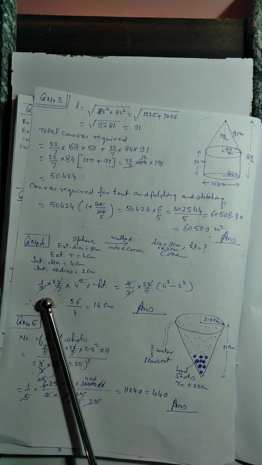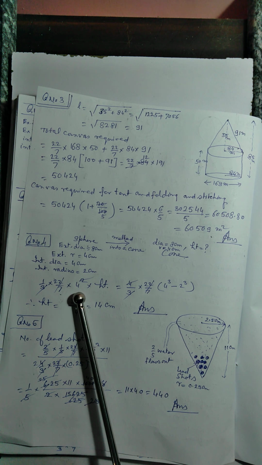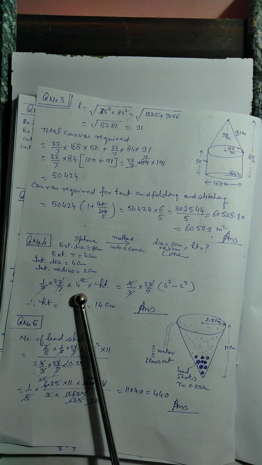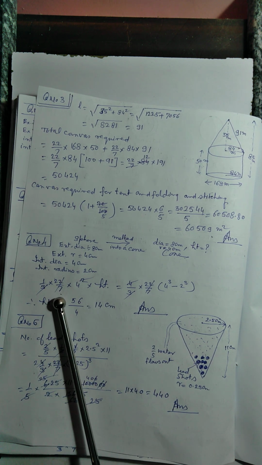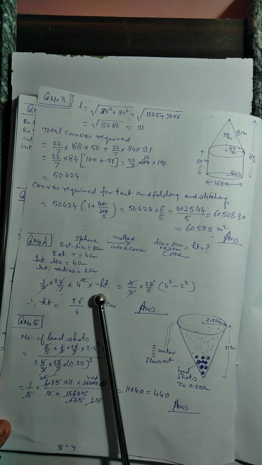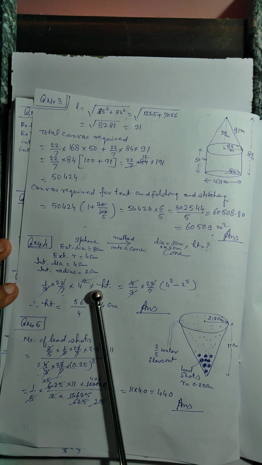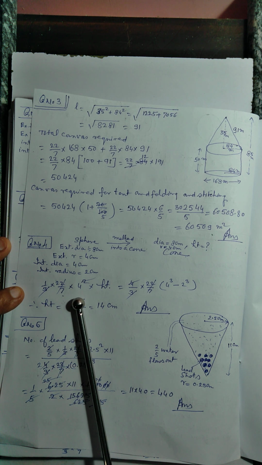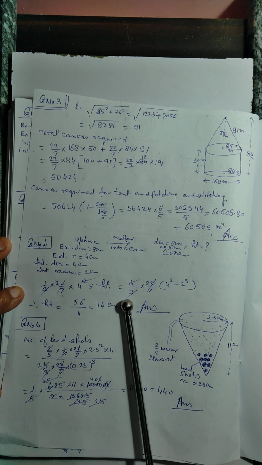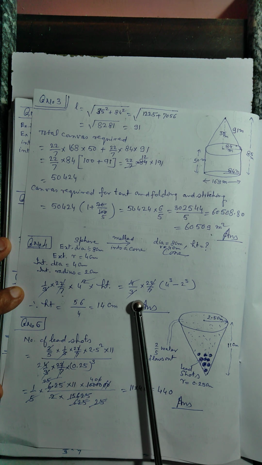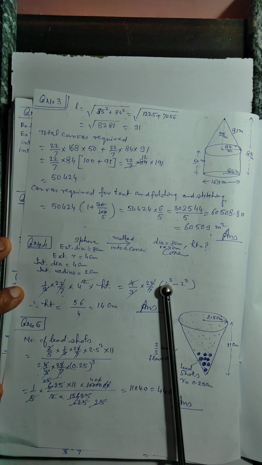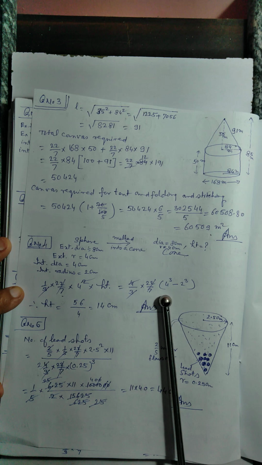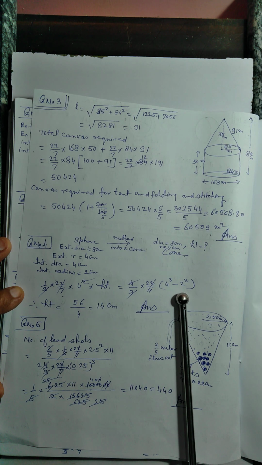Now see, on one side 1 by 3 pi r square h, that will be the volume of the cone. So 1 by 3 into 22 by 7 into 4 square into height, that should be equal to 4 by 3 into 22 by 7 external radius का cube minus internal radius का cube, that is 4 cube minus 2 cube.